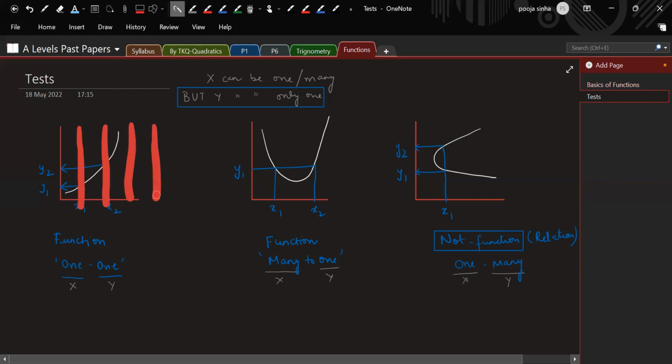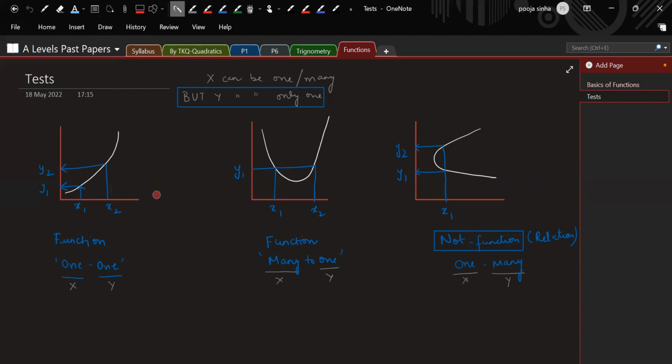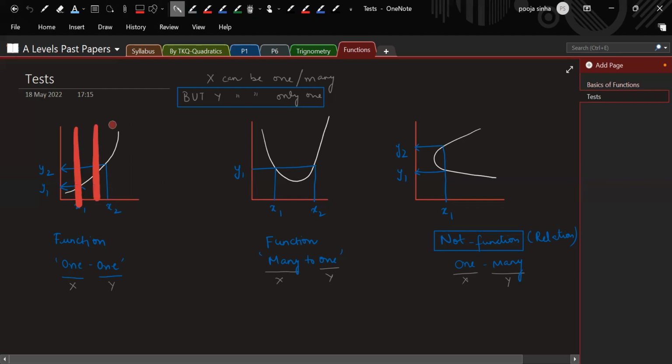If I do a vertical line and I get one-to-one or many-to-one, that's okay. As I'm moving my line ahead, every time I'm getting a different value for y. So then it's qualifying as a function. In this, every time I'm moving my line, I'm getting one value of y, which is also fine.